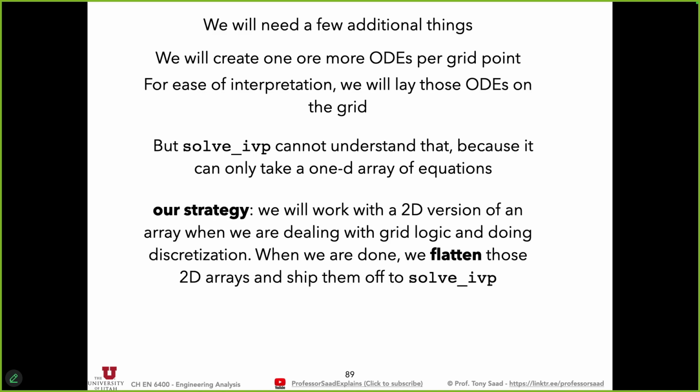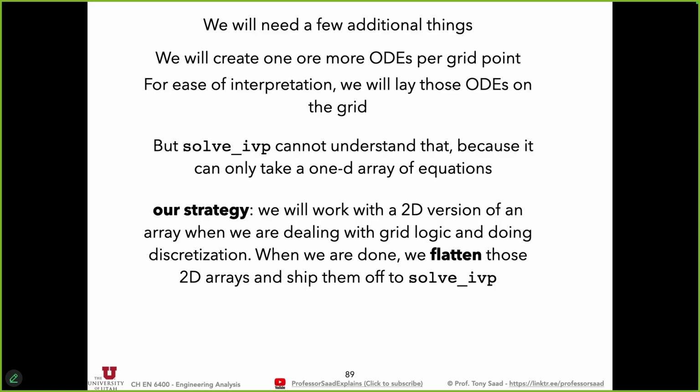Okay? So here's what we will do. We will do the discretization and do all the logical thinking on the 2D grid because that's easier. We're going to be using I and J, etc. We're going to operate as if we are working with a 2D array.